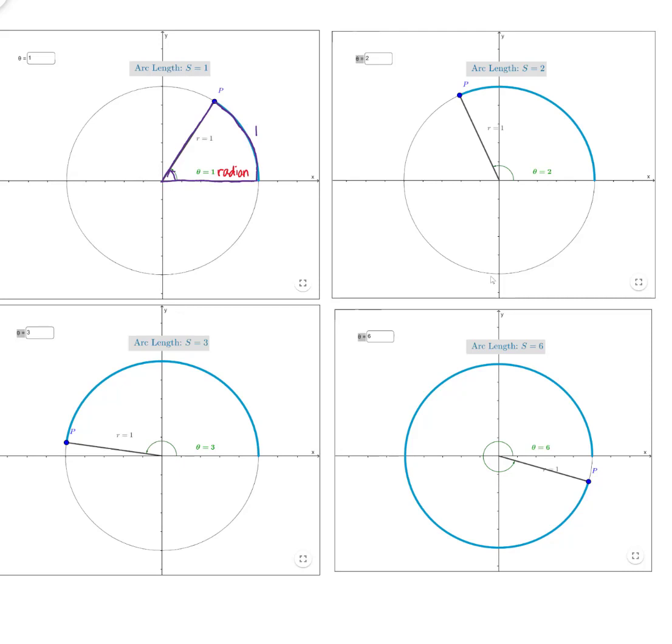If we wanted to measure an angle of 2 radians, let's go to the second one. We have a radius of 1, and then coming around we have 1 and then 2 of the radii, and then this forms an angle of 2 radians.